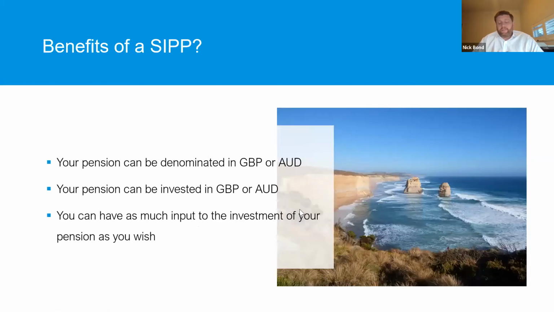So what are the benefits of a SIPP? So we use a SIPP because we're able to buy dollars, or the client's able to buy dollars at any given time. Those dollars can also be invested in Australian assets. So not only are you taking the currency risk out, but you're buying Aussie dollar denominated assets.